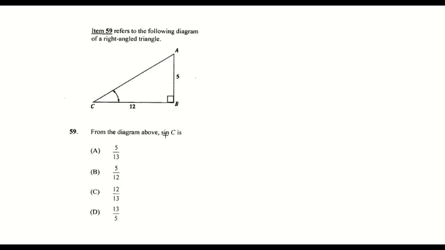The diagram above for sine C, this is C, right? So sine C would be my opposite, which is 5 over, hold on, no. First off, if you're using this, we need opposite over hypotenuse. Do we have our hypotenuse here? We do not, so we need to find our hypotenuse.